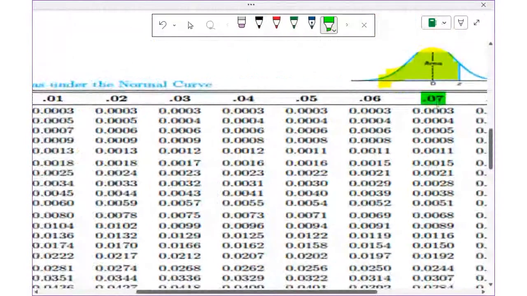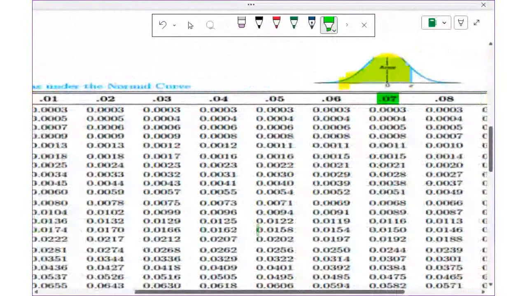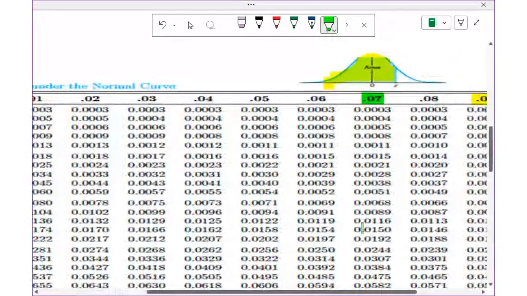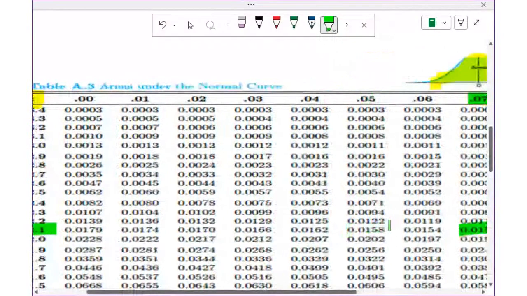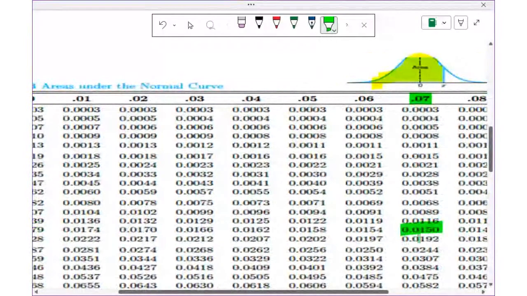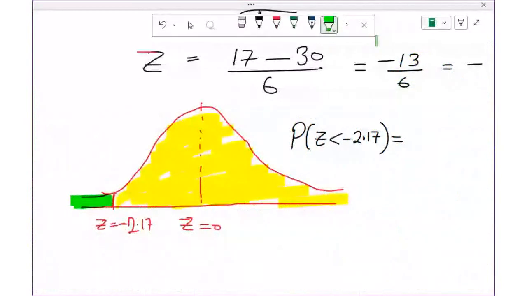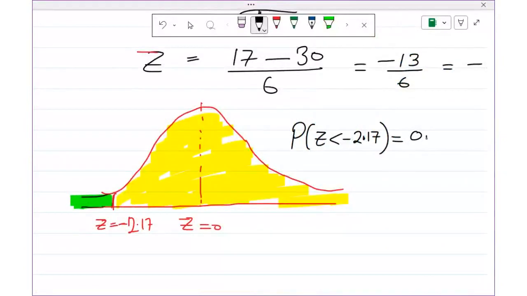So minus 2.17 will be here. I hope I am correct. Yes, so that is 0.0150. So this area is 0.0150, and we are asked to find the area to the right side of this.